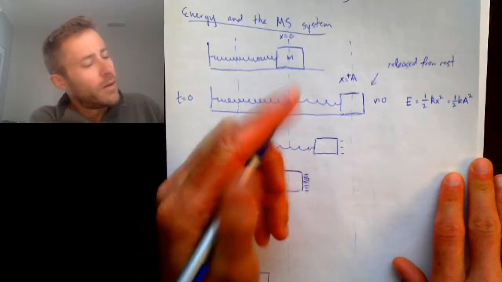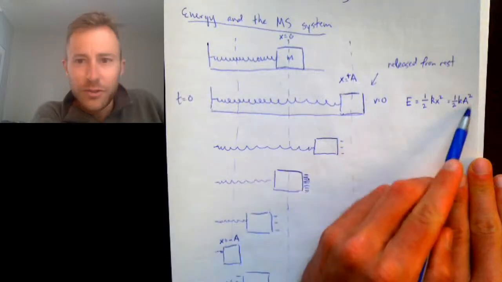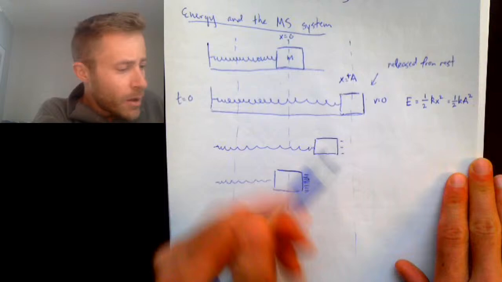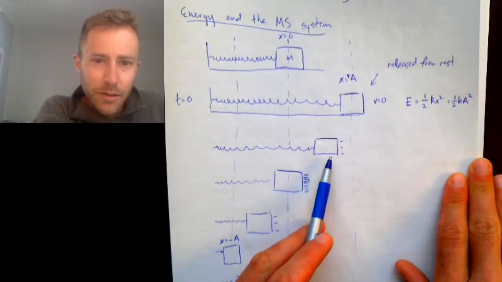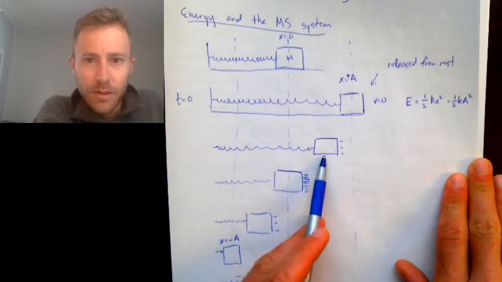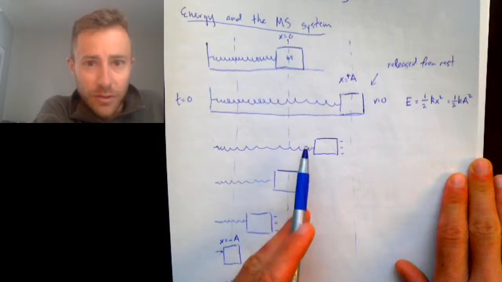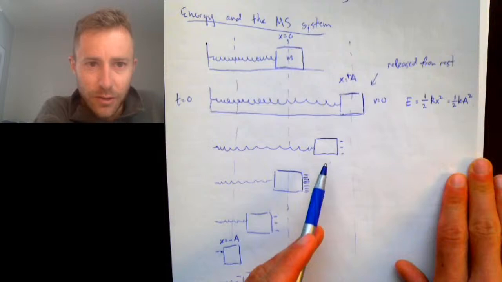Now, because it's stretched a distance A. If we look at this moment right here, the spring is stretched, but not as much, and the mass is moving so that it has kinetic energy.